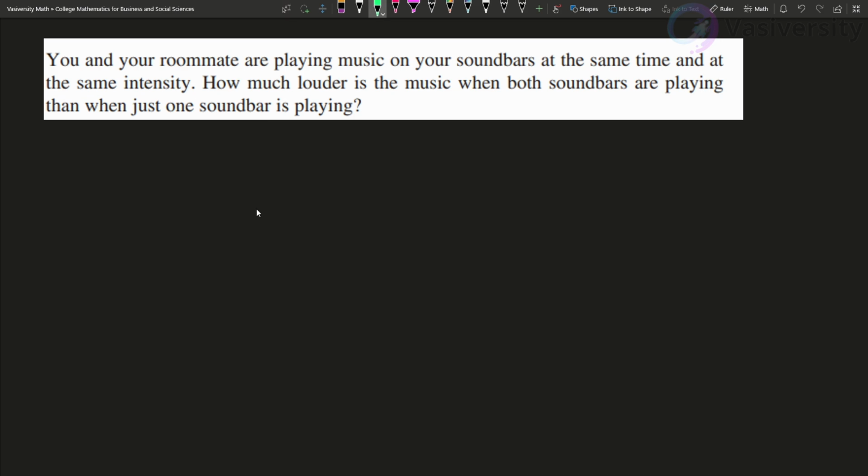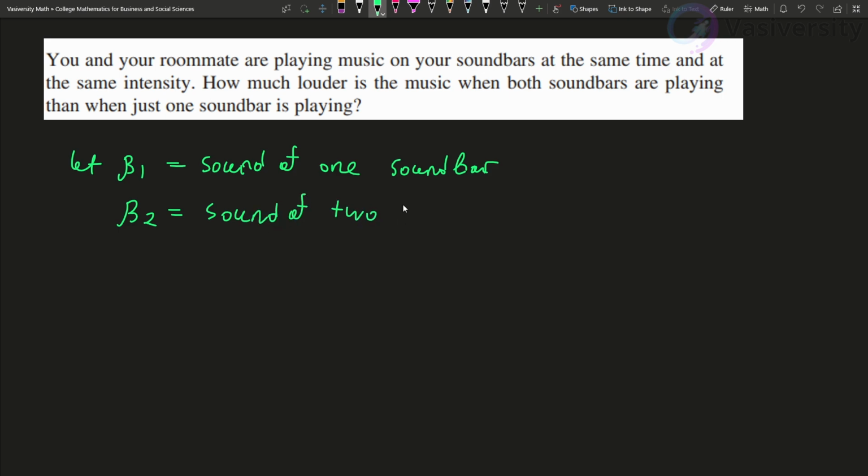Let beta 1 be the sound of one soundbar, and beta 2 the sound of two soundbars.